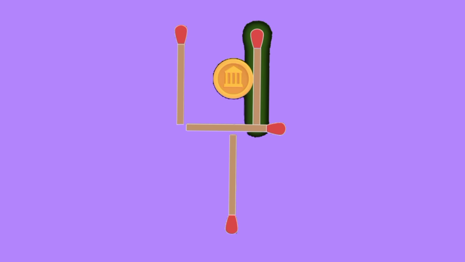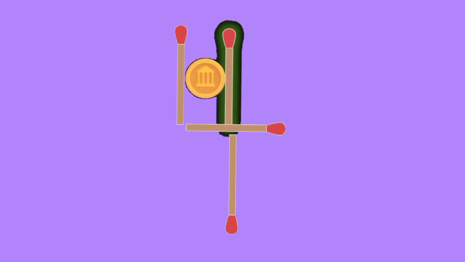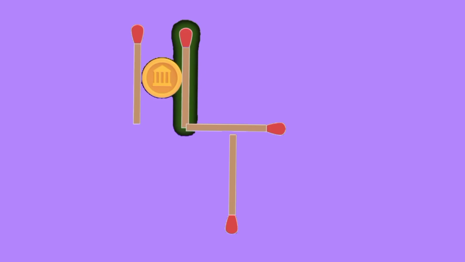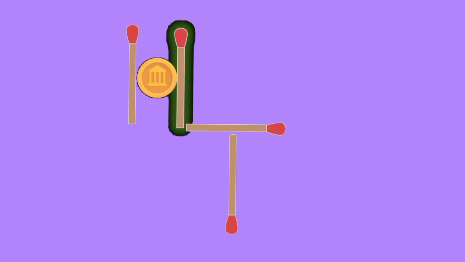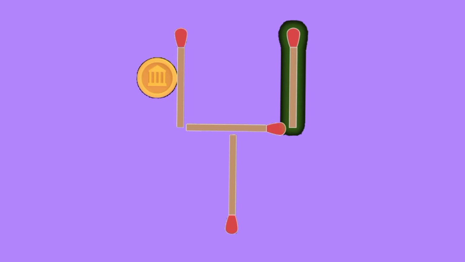This matchstick pushes the coin to the left, toward the left matchstick. Keep pushing until the right matchstick ends up where the left one was. Then take the left matchstick that was removed and place it where the right one was. Now, the cup looks just like it did originally, but the coin is out. That's another valid solution, isn't it?